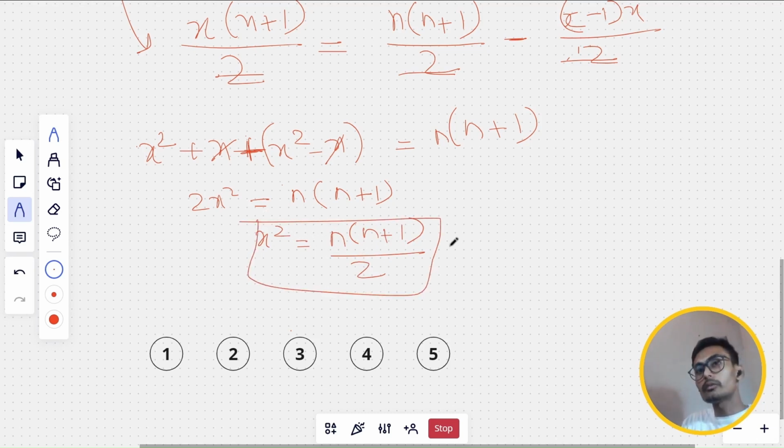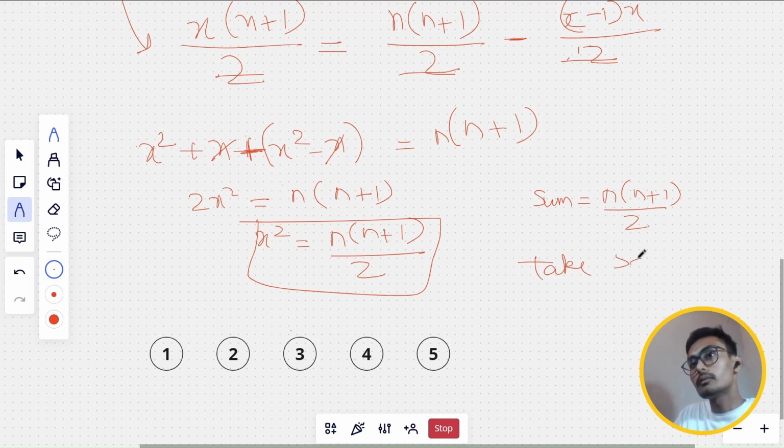Now in the formula, we will first find the sum n into n plus 1 by 2, and take the square root of this. If the square root is an integer, we return x.